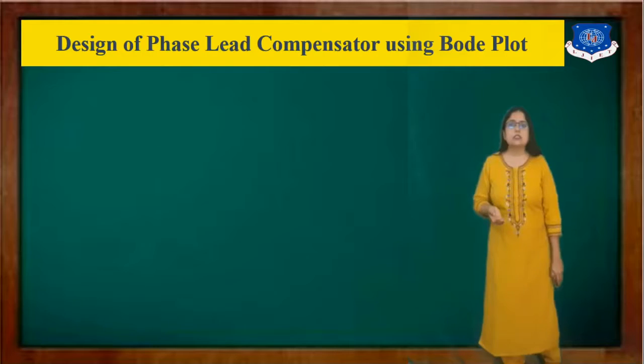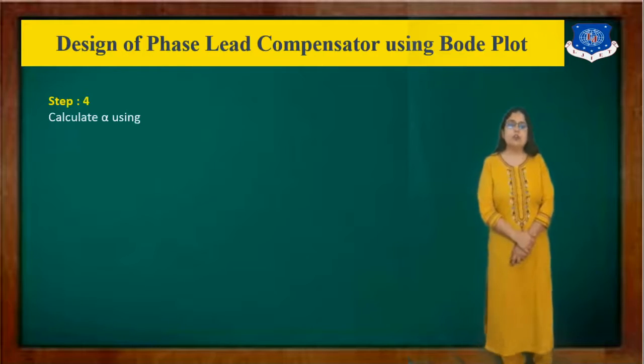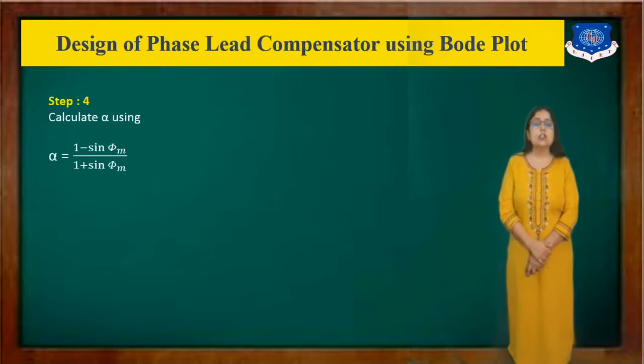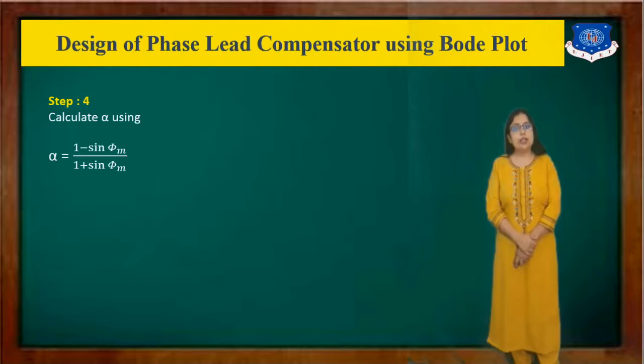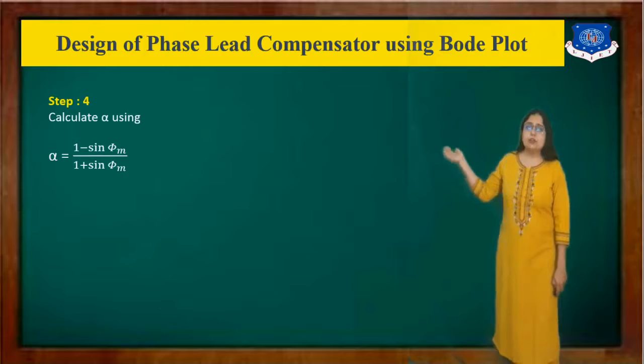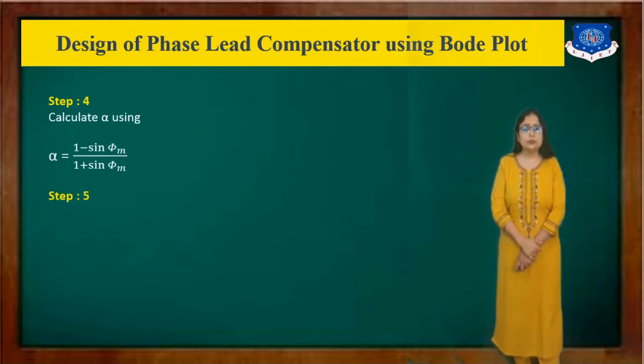Now next is step number 4. We have to calculate alpha, and for that the equation is alpha equals 1 minus sin phi m upon 1 plus sin phi m. We get phi m from step number 3, so simply substitute this value.